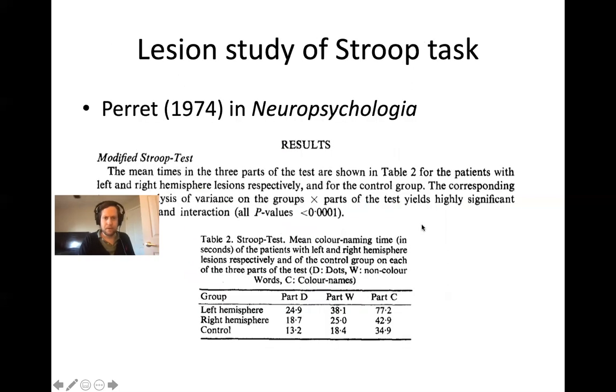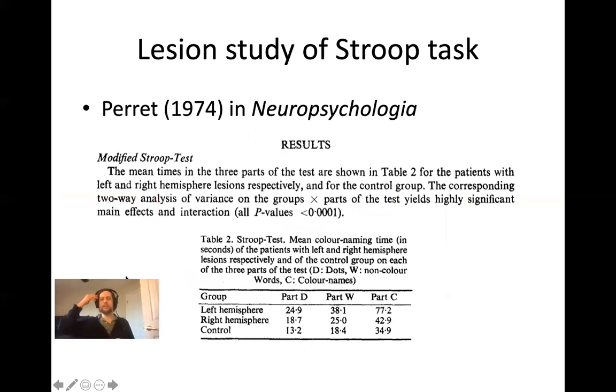Okay, so I'm not going to go into the details of this. I used to, but it takes too much time. I just wanted to show you how the Stroop task can be used to get information about what parts of the brain are involved when people are performing it.